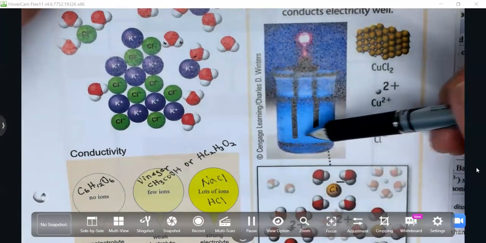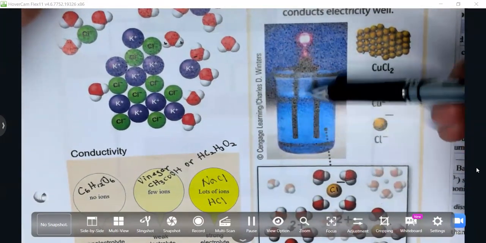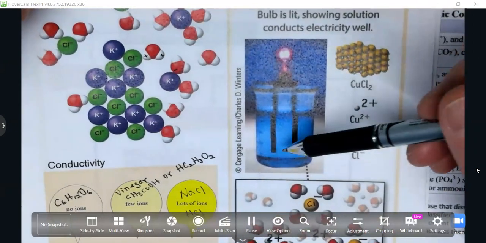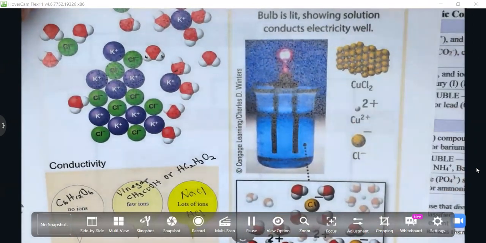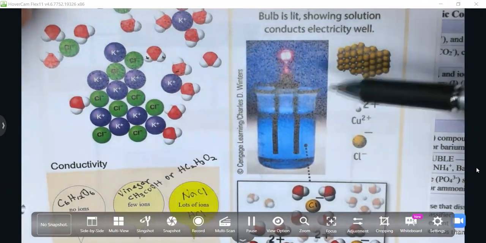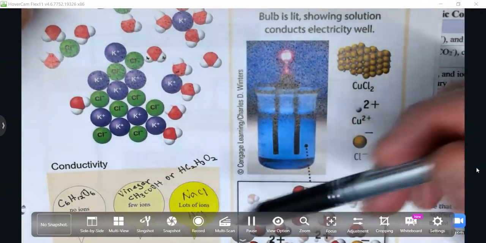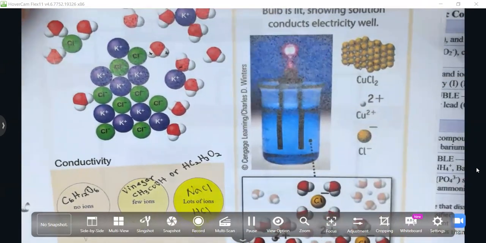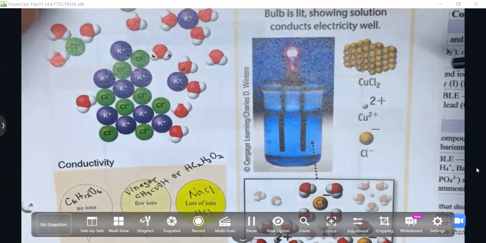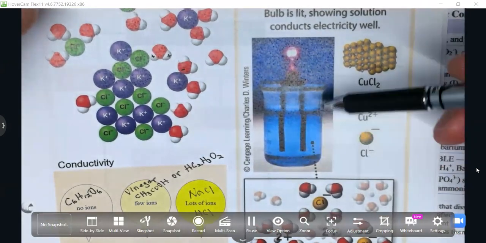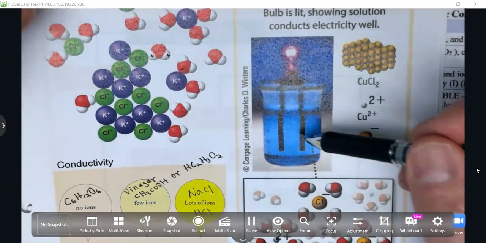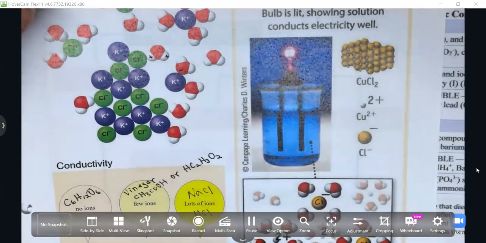And if you have very few ions in solution, you're barely going to get any electric current to flow through there. Now, common water has different ions in it. If you live out in the country and you have a well, you may have more iron and magnesium and stuff like that naturally in your water. That would cause some electrical current to flow through.